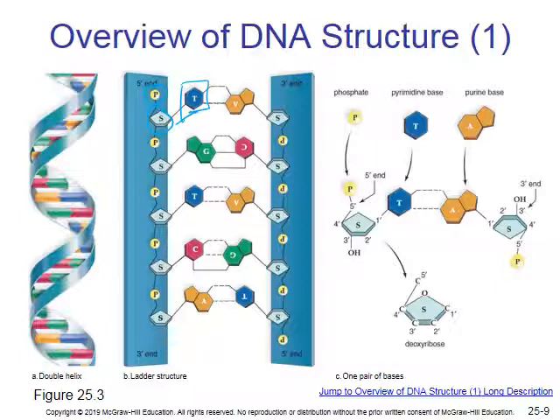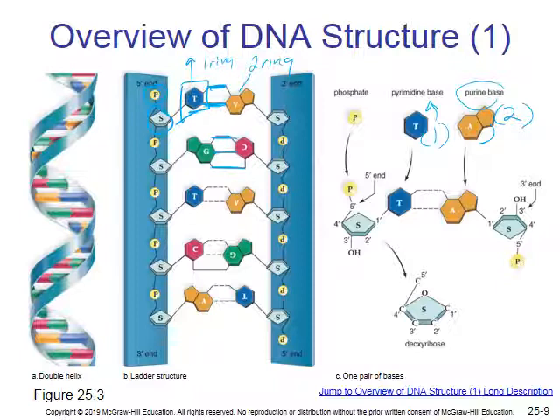So you can see here that T only has one ring and A has two rings, right? So two rings are purines and one ring is pyrimidine. And you can see that they match up the same every time. So A bonds to T, and there's two bonds there. G to C, and there's three. And this pattern repeats itself.